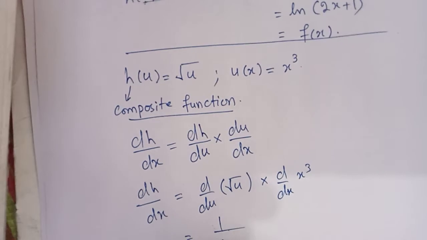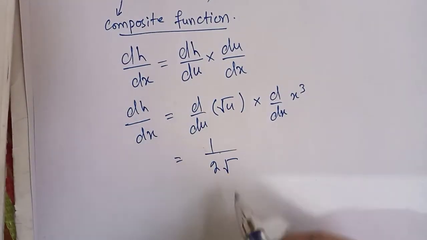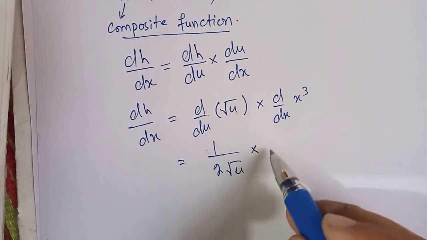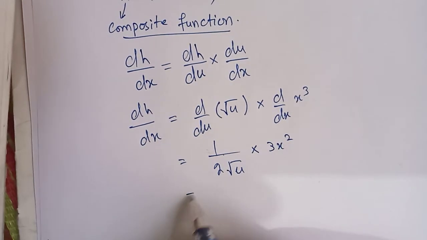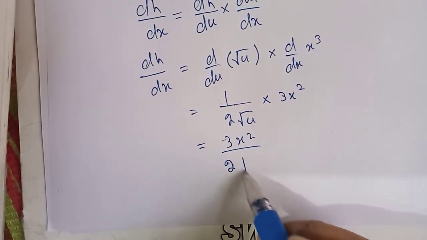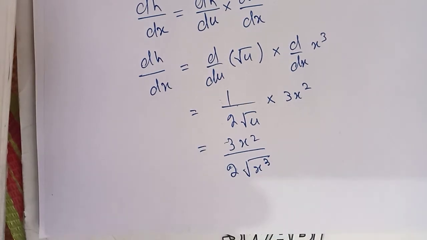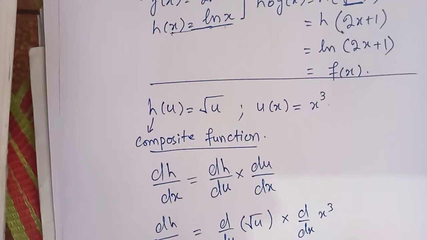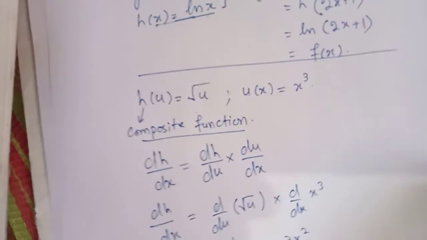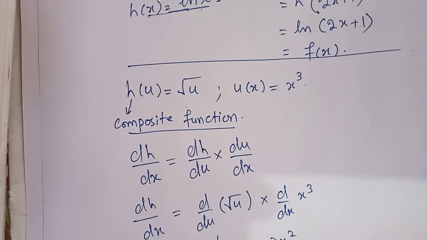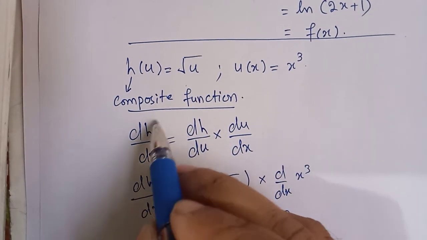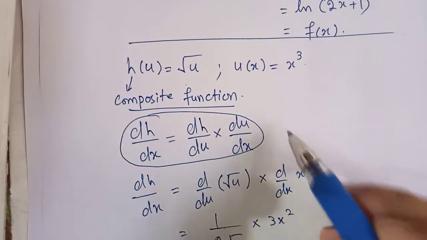So there becomes 1 divided by 2 square root of u when you differentiate by the power rule, and that is 3x square. This is the derivative of the given composite function h with respect to x. This is the way to proceed to find the derivative of a composite function. This is called the chain rule.